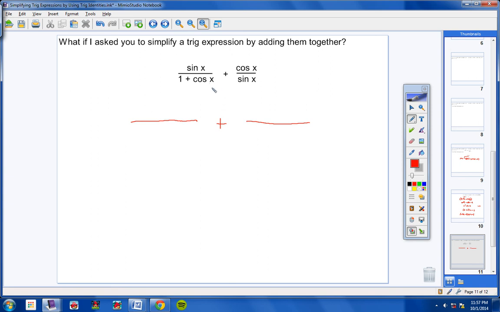So if I take this fraction here, excuse me, and multiply this fraction by sine over sine, I get, now look at this, I get sine squared x, and then do not multiply the denominator, just write them side by side, trust me, okay? There we go. So I multiplied this first fraction by sine over sine. Now, multiply this fraction here by 1 plus cosine x.